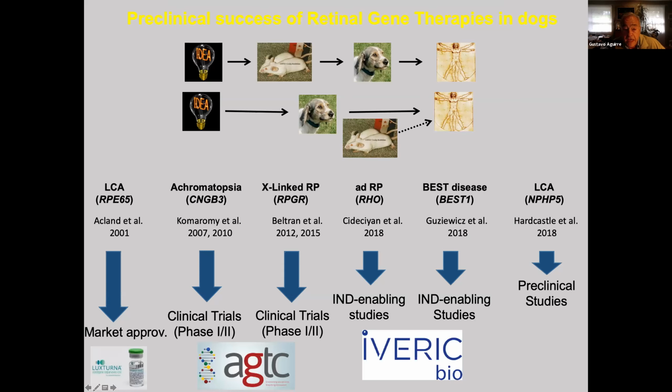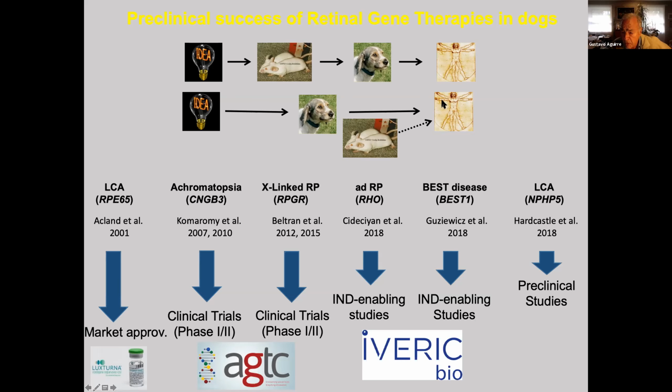The traditional pathway from the bright idea to the application to a patient usually began with the idea and then jumped to a mouse. And usually there was no dog in the way. So you went idea, mouse, person.